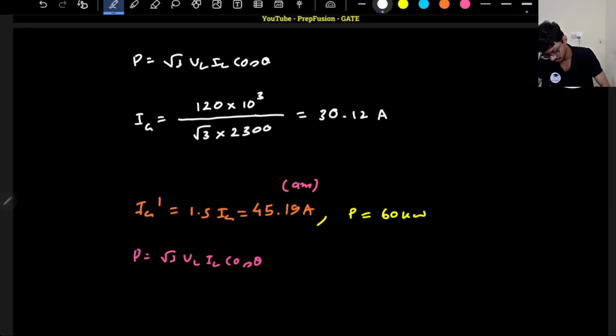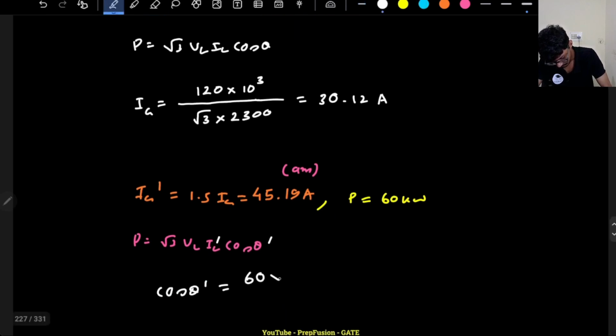So the new power factor cos theta dash will be P, 60 into 10 cube, divided by root 3 into VL. VL is 2300.